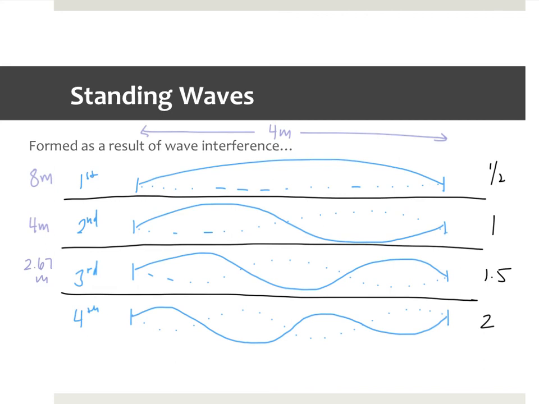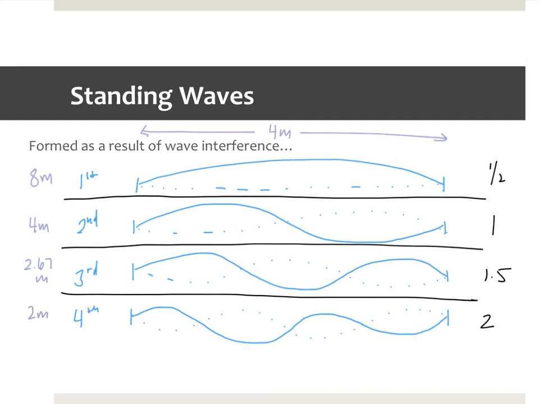And then our fourth harmonic, we have 2 waves fitting the span of 4 meters. So halfway down the 4 meter mark, we're going to see already a full wave. So 4 divided by 2 will give us 2 meters. So notice here, as you progress up the order of standing waves, you'll see shorter wavelengths fitting the span of the same distance.